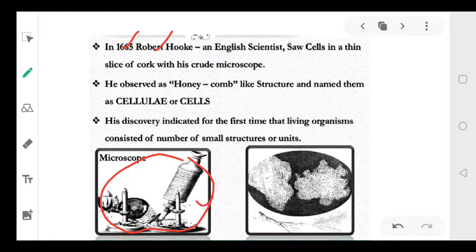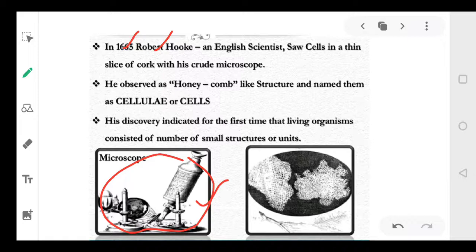So he had a very primitive microscope and under it he was observing a slice of cork. You know what cork is, dear students? You have seen a tree, and on the tree there is bark.